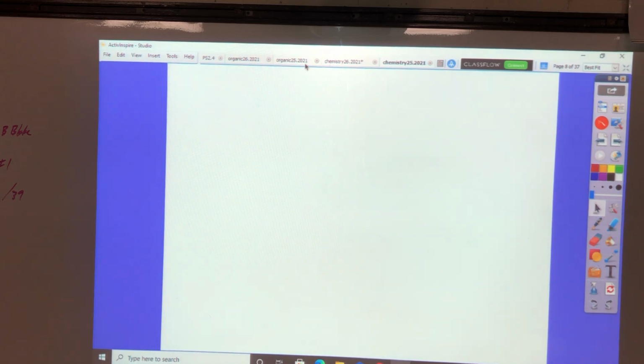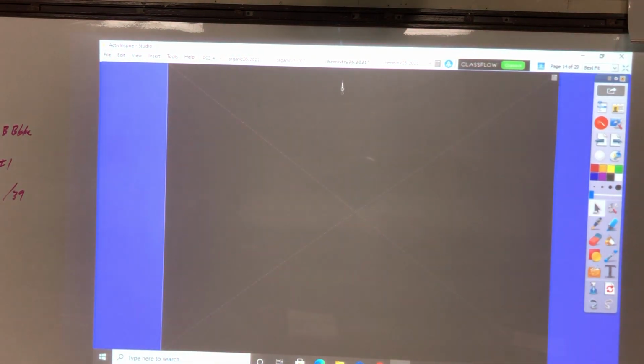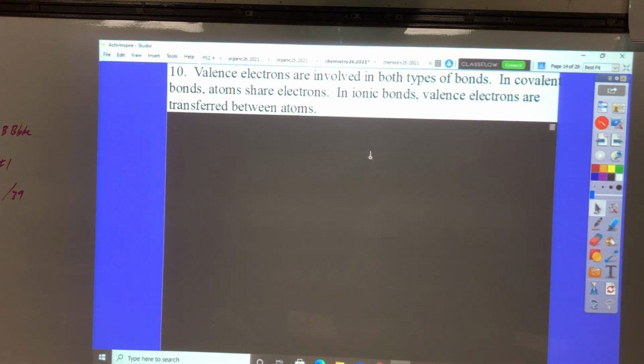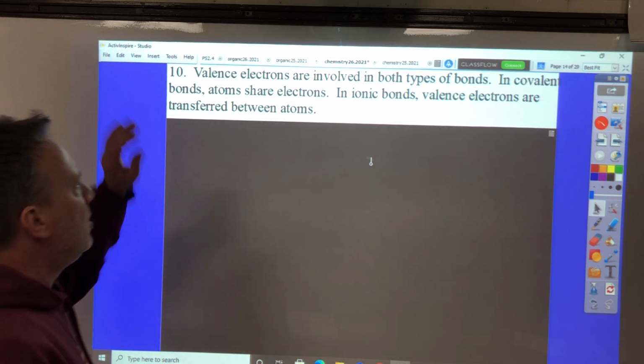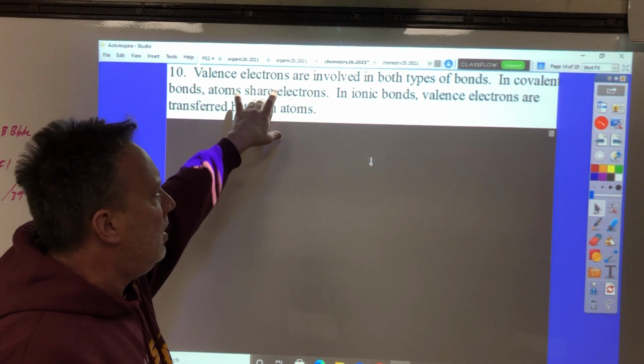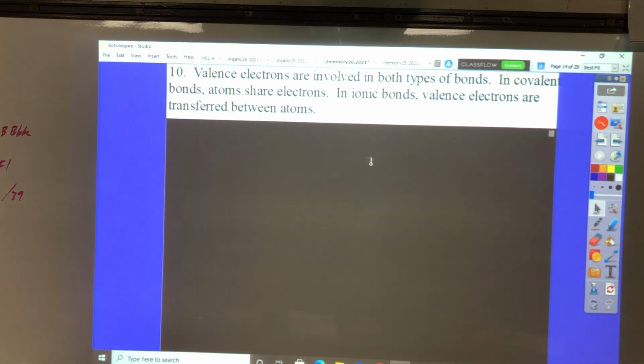It was probably back in week 4. Valence electrons are involved in both types of bonds. In covalent bonds, the electrons are shared. In ionic bonds, they are given and taken. They are transferred. Do you know that from last year? I don't know how many times we said that. Mostly you people got that down.